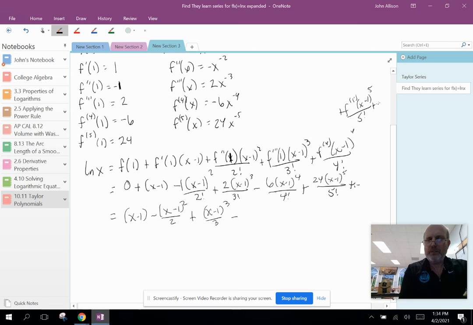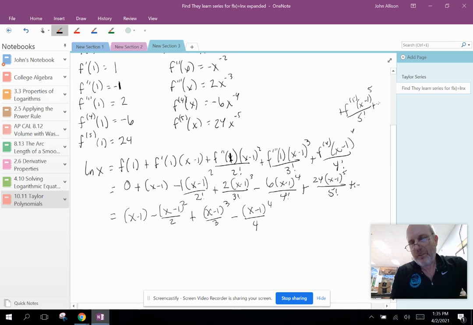And this becomes 4 times 3 times 2 times 1. This is 4 factorial, that's 24. 24 is 4 times 6, so the 6's cancel, leaving me with 4 in the denominator. This becomes x minus 1 to the fourth over 4.